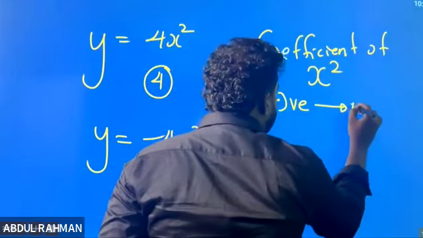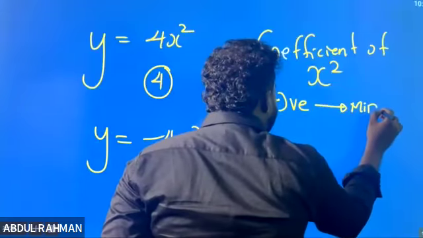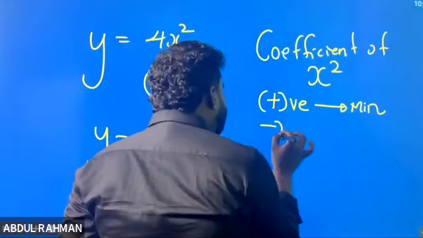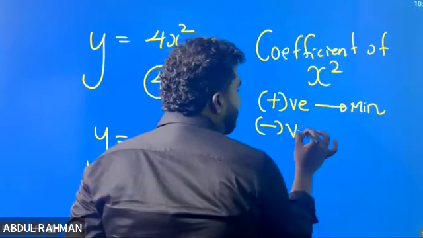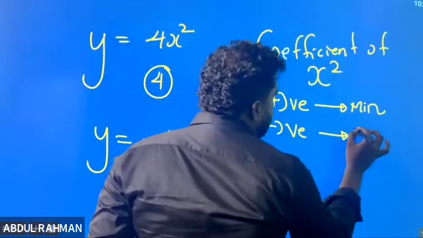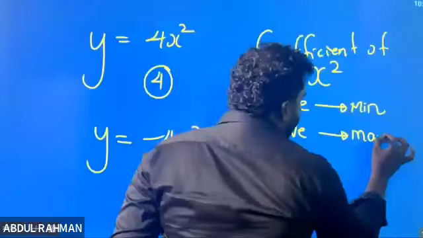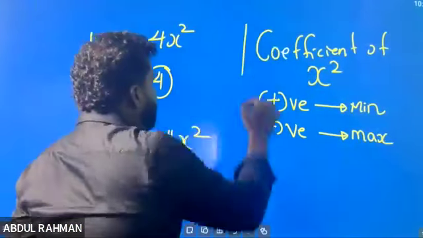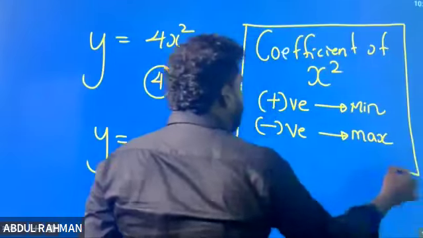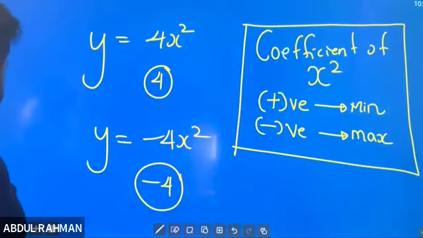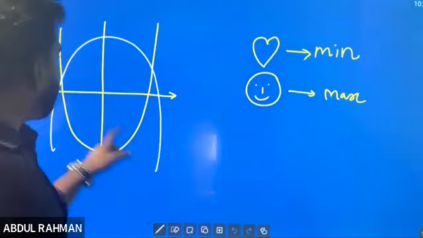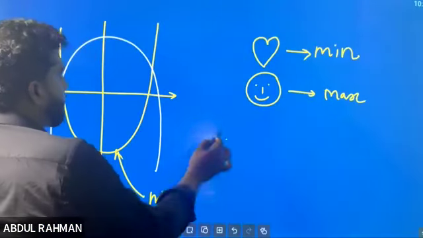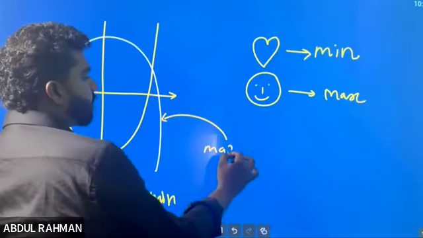that is a minimum graph. If the coefficient is negative, that is a maximum graph. What is the theory? Even the graph is not drawn. Now, if the graph is drawn, you can look into the graph and say this graph is minimum graph, this graph is maximum graph.